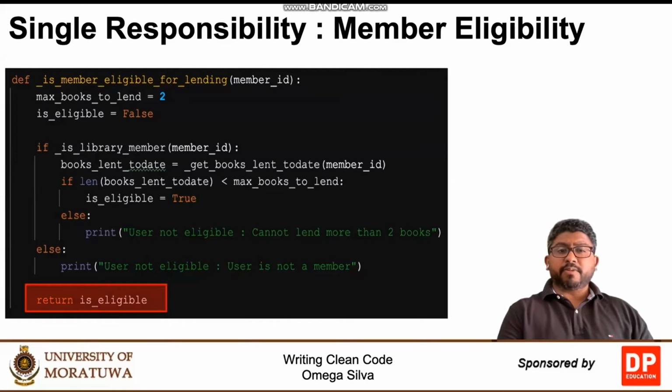It's like asking the function a question: is this member ID eligible for lending? And the function says true or false. The is eligible variable is set to false, and only if the two conditions, or the two validations, are successful, it is assigned to true.